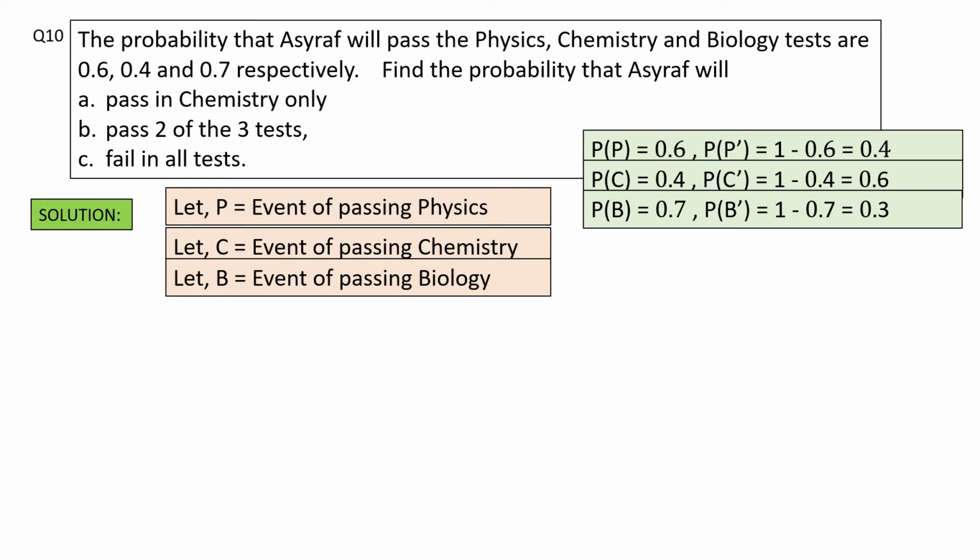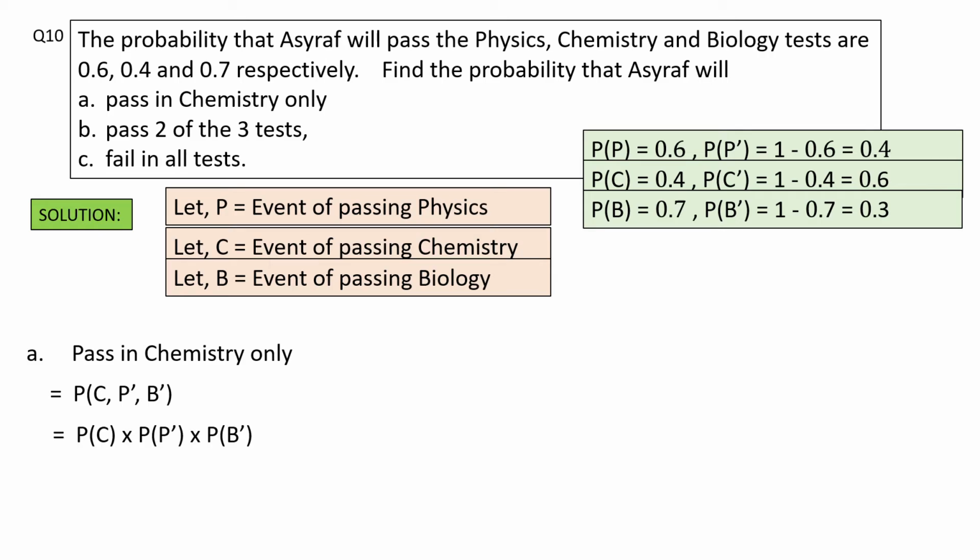Find the probability that Ashraf will pass in chemistry only. So here we want the probability that Ashraf passes in chemistry only. That means it can be written as probability chemistry pass, physics fail, biology fail. I'm using P prime to indicate failing physics and B prime for failing biology.